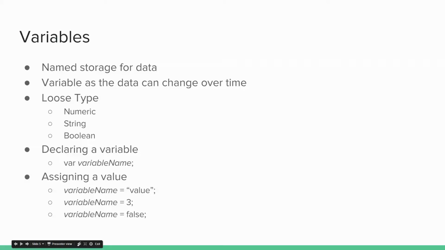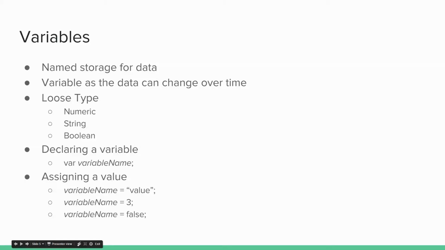Now, to talk more about variables, it is just a named storage space for data. You give it a name. You don't even give it a type when you first declare it. Like in Java, we would have to specifically tell it you're an integer or a float, or you're a boolean or a string.